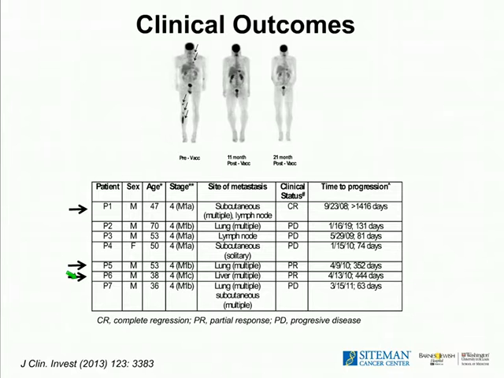The point that we wanted to make here is we were interested in understanding why not all the patients had a clinical response. And then we turned to characterizing the vaccine and seeing if there were differences between the vaccines that the patients received.